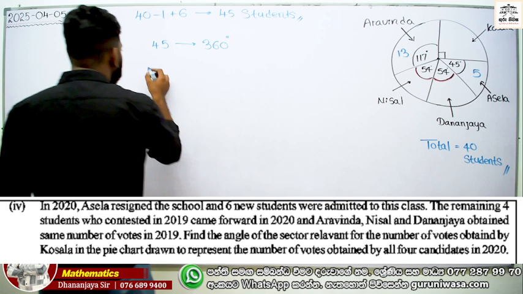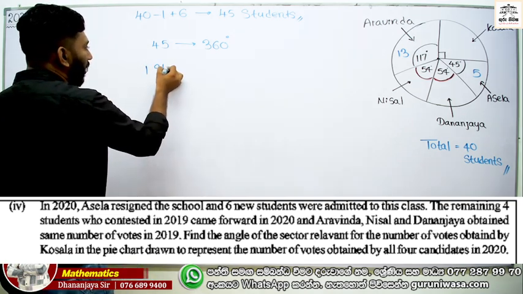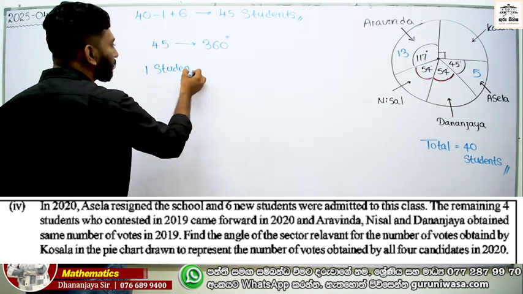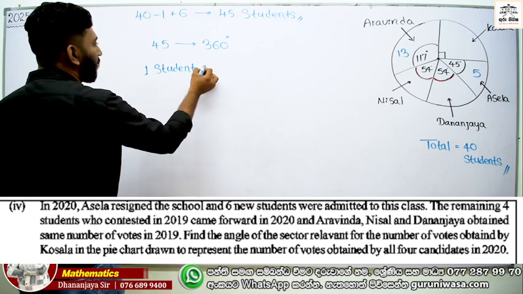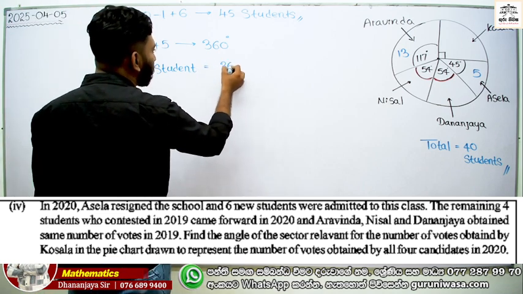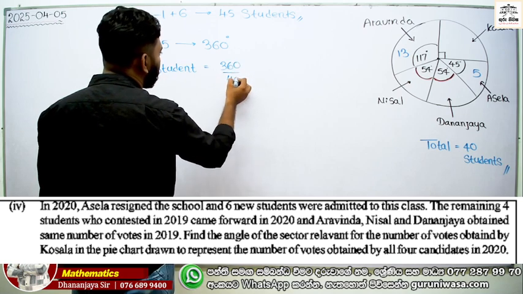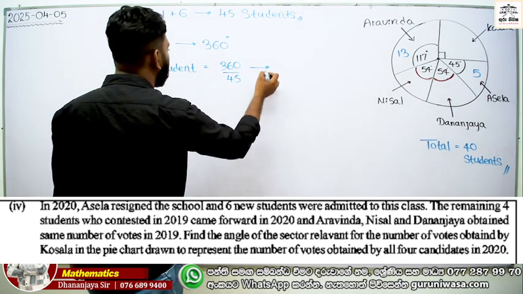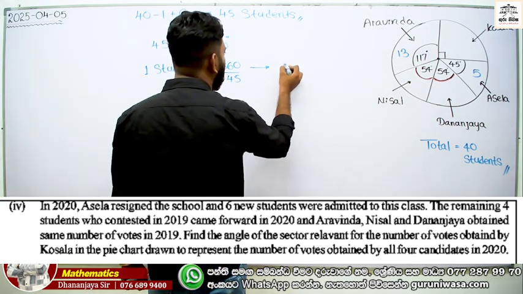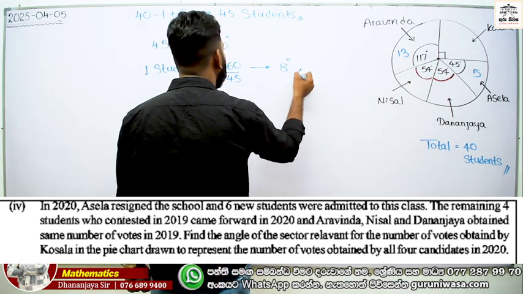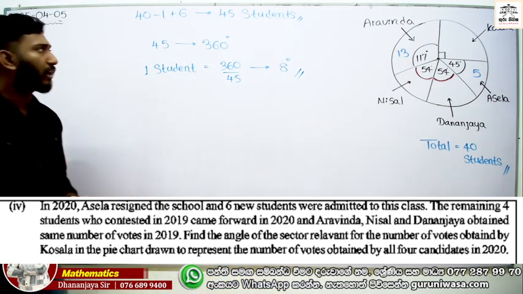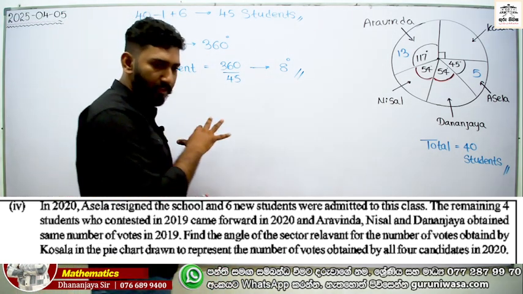Therefore, every one student, අපි හොයාගමු එක student කෙනෙක් represent 360 divided by 45 and එක ළමයෙක් represent කරනවා 8 degrees.